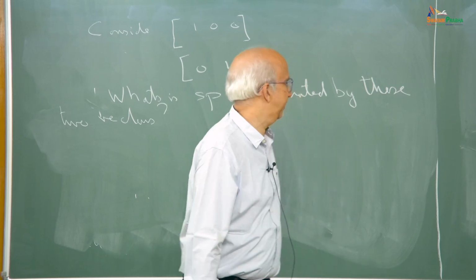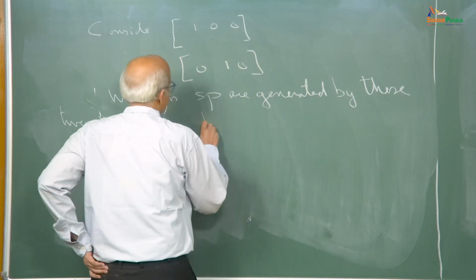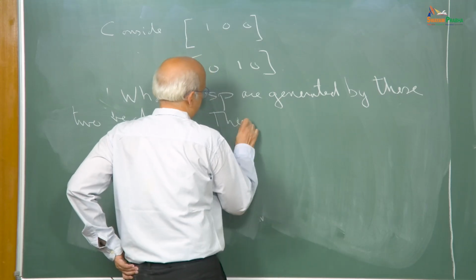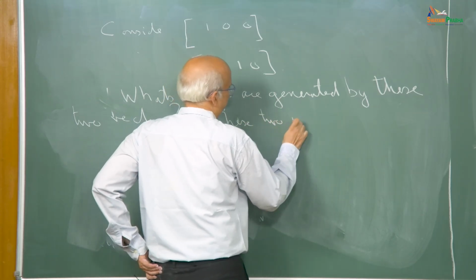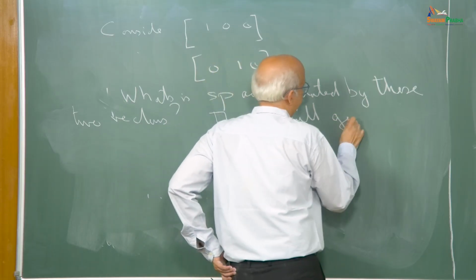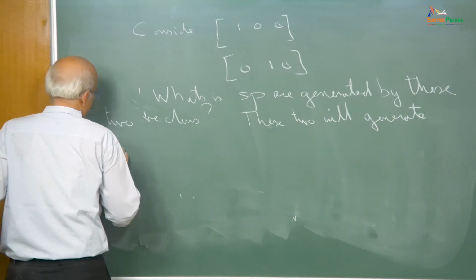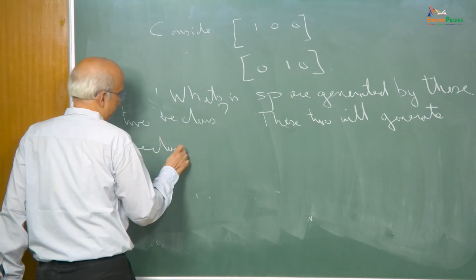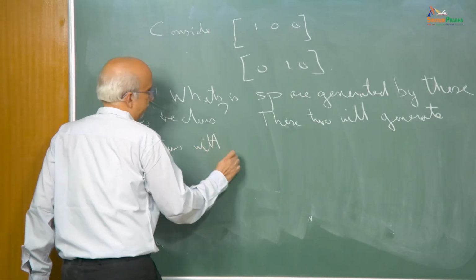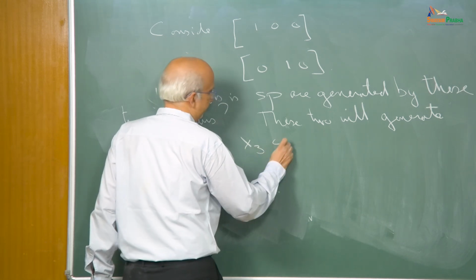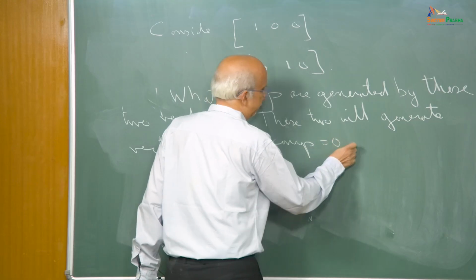So, these two will generate vectors with the x3 component equal to 0.